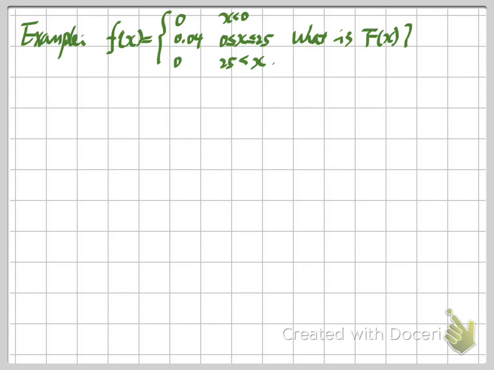If x is smaller than 0, the value of our PDF is equal to 0. If x is between 0 and 25, then the value is equal to 0.04. And if x is larger than 25, then the value of our PDF is equal to 0 again.